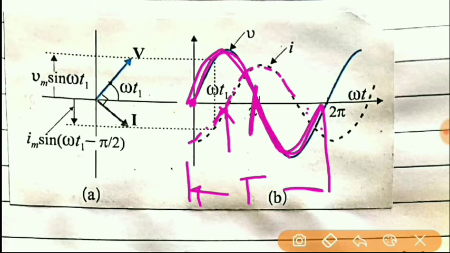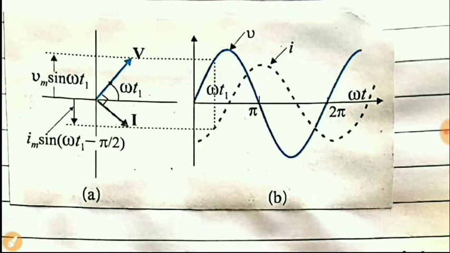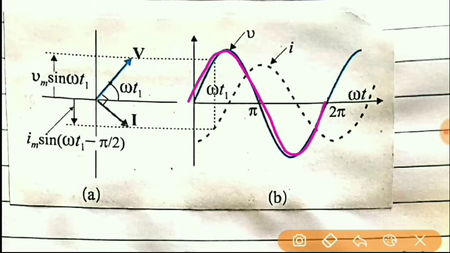Up to here it will be half, T by 2, and half of that is T by 4. Once again, students, look here, this is for one period. So in place of 2 pi, let me write here T.